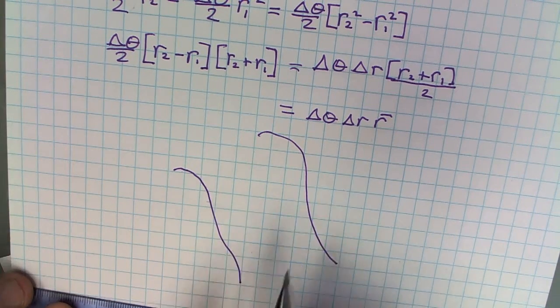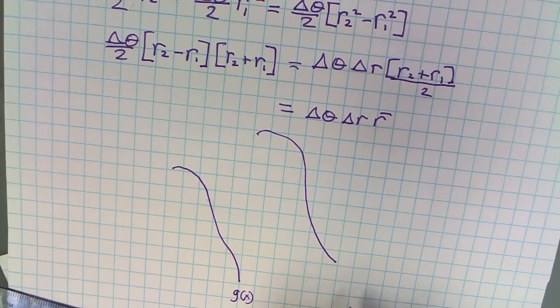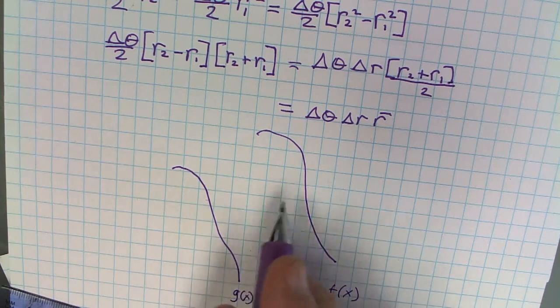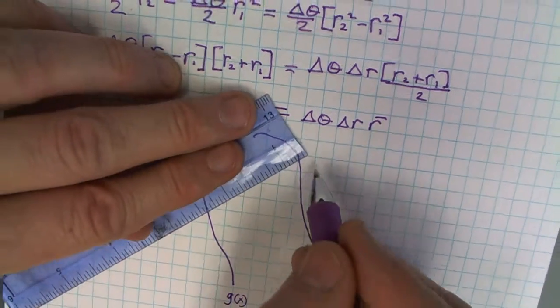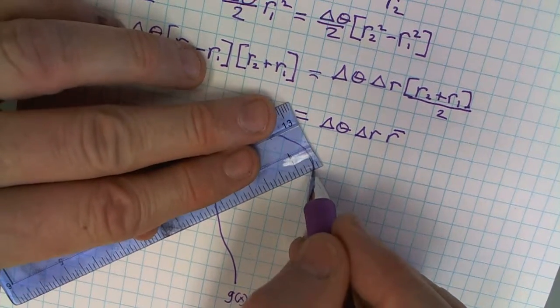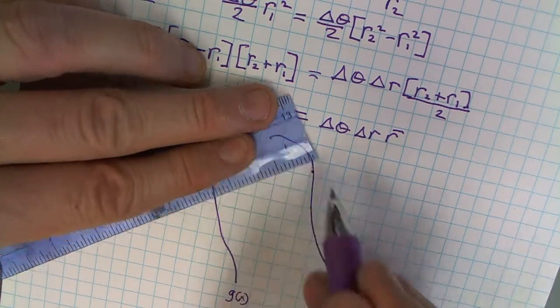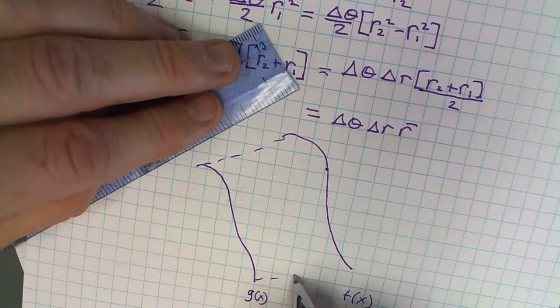We've got this curve, maybe g of x, and this curve down here, f of x, all down on the xy plane. Now, suppose I'm interested in getting the area bounded between these two curves.